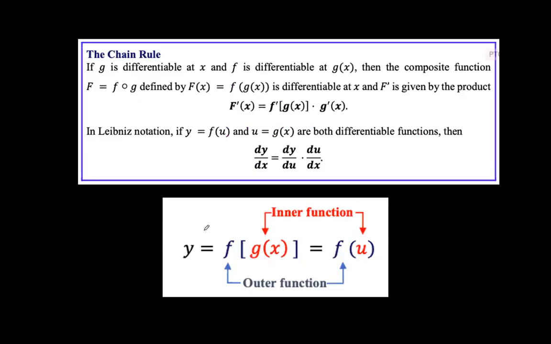Okay, so let's try defining what the chain rule is. The chain rule says that if g is differentiable at x and f is differentiable at g of x, then the composite function capital F, equal to f circle g, defined by F of x is equal to f of g of x, is differentiable at x, and F prime is given by the product of the derivative of f at g of x times the derivative of g of x.